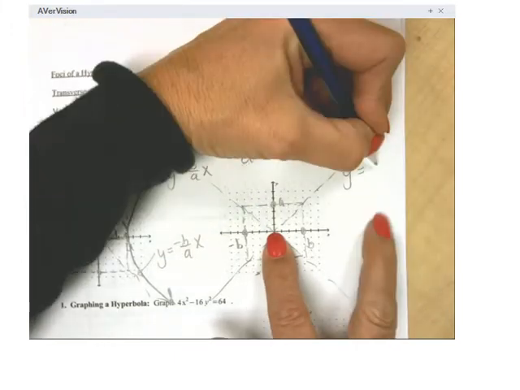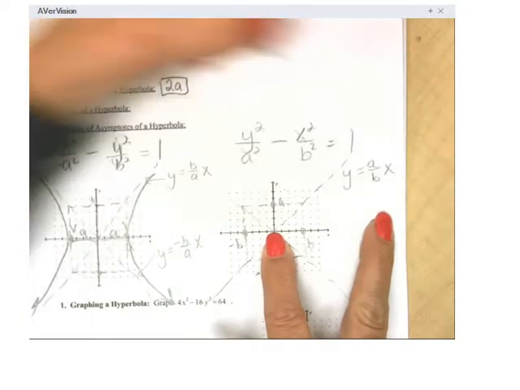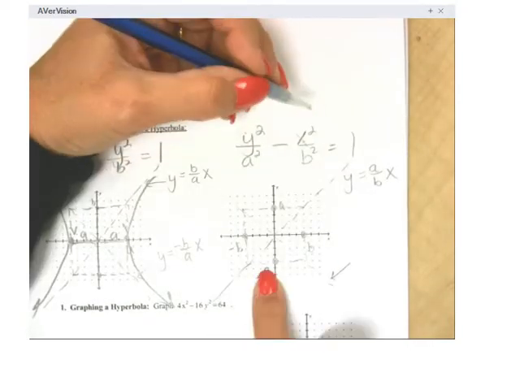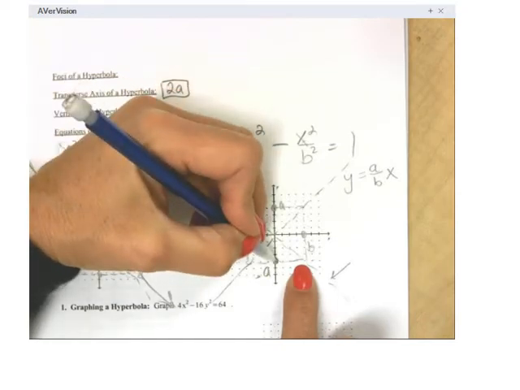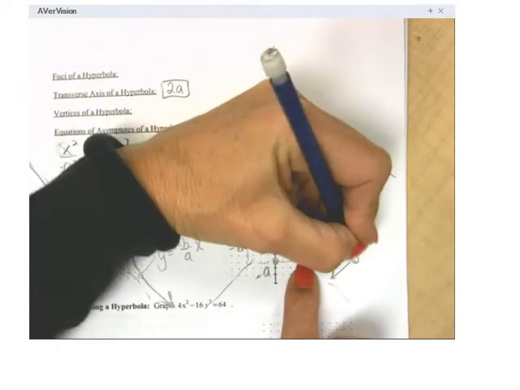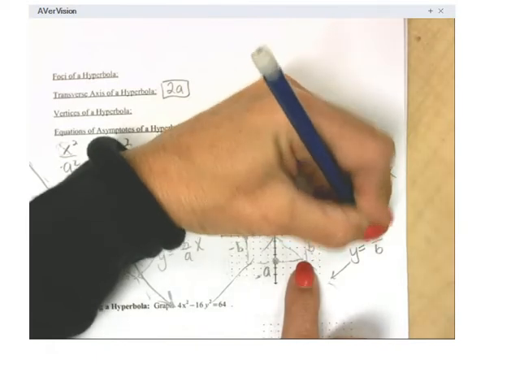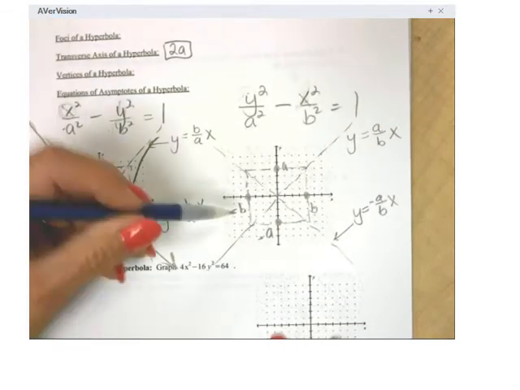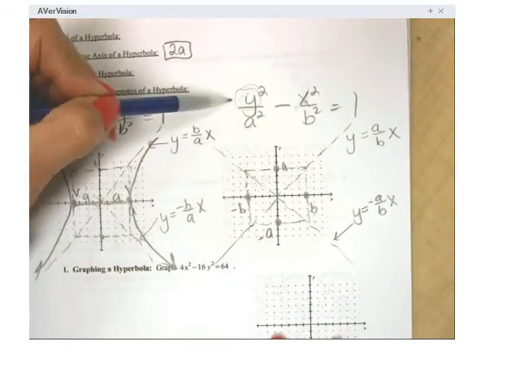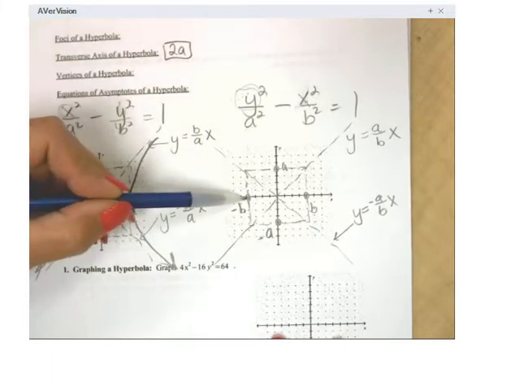To get the slope of this, it's still going through 0, 0, but I go up a and then right b. So this is going to have a slope of a over b x. This equation has a negative slope, I can see, and I go down a over b. So I get that. And now I look at that variable again.